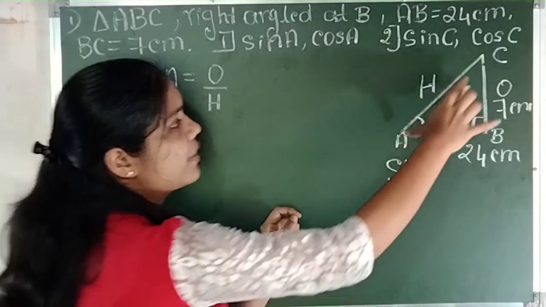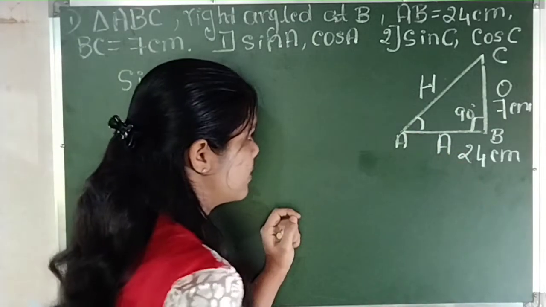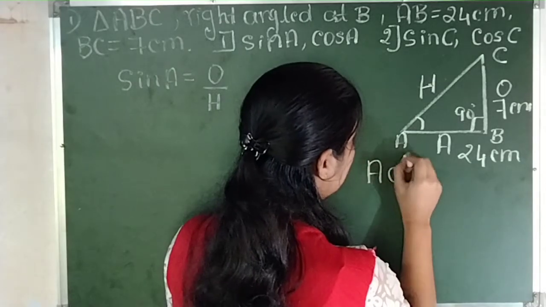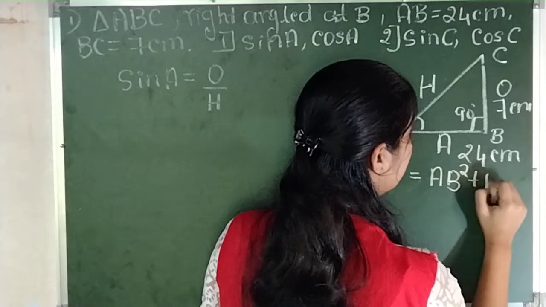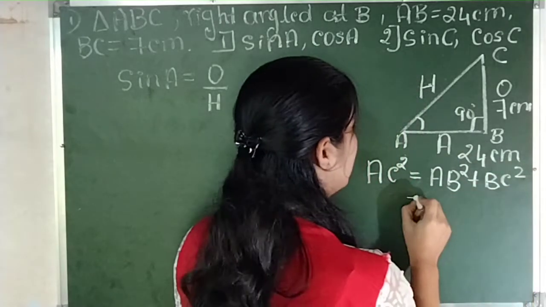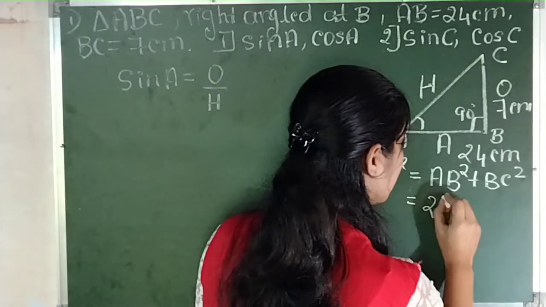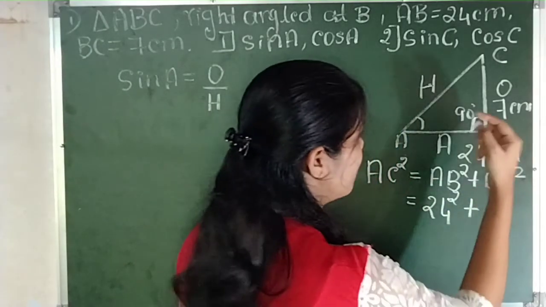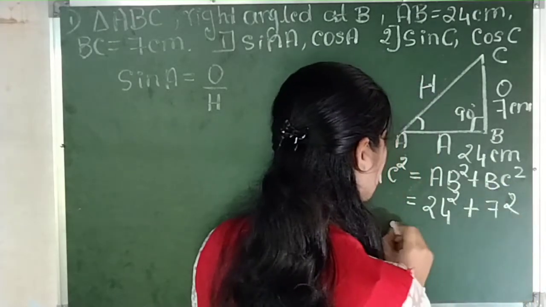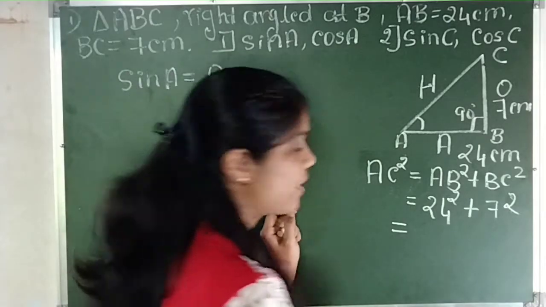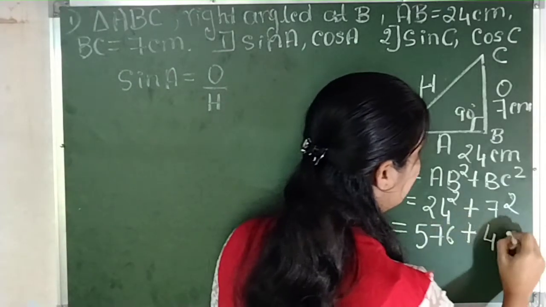So we can find the length of AC by using the Pythagoras theorem. So apply Pythagoras theorem here. AC square is equal to AB square plus BC square, that is equal to AB square is 24 square plus BC square is 7 square. 24 square is 576 plus 7 square is 49.